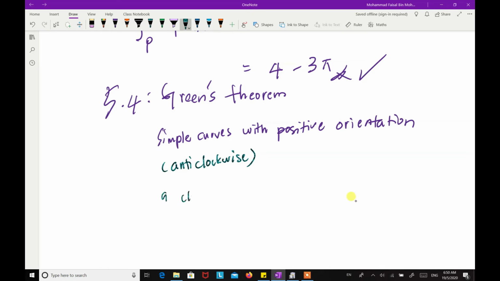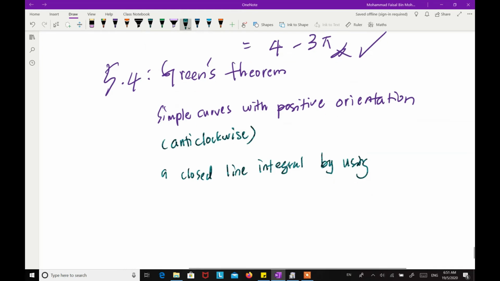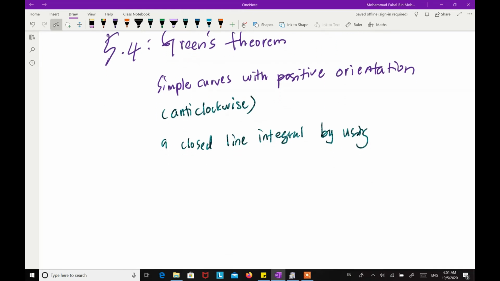A closed line integral by using Green's theorem.